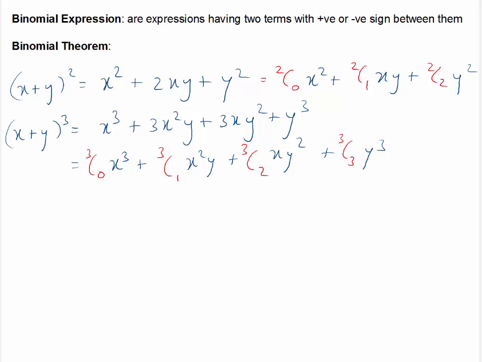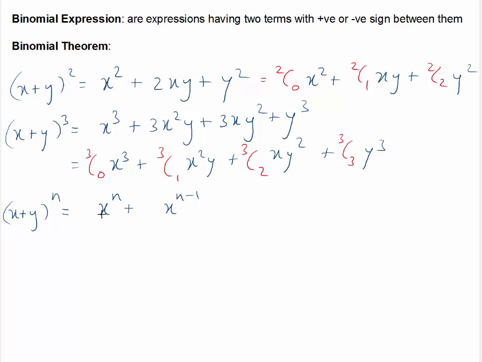Now, in general, binomial theorem states that (x + y)ⁿ would be equal to the following. This would start with the maximum power of x, which is xⁿ, plus now the power of x will decrease, so this would be xⁿ⁻¹.